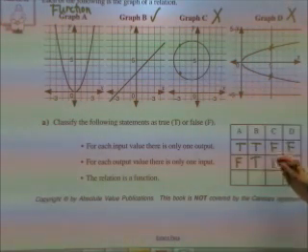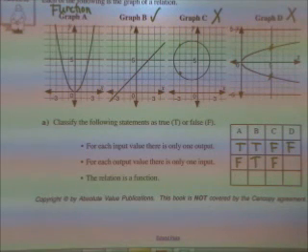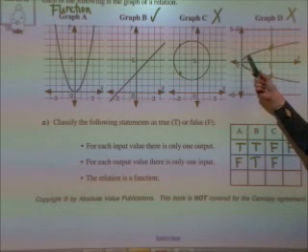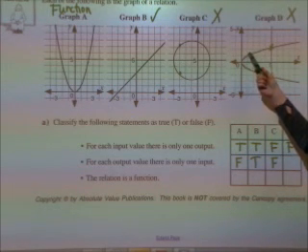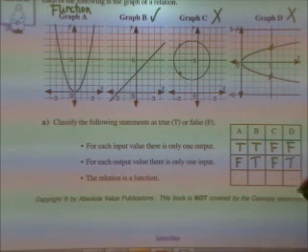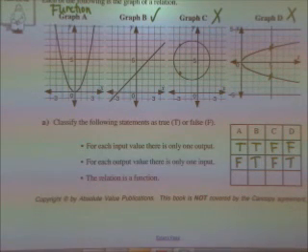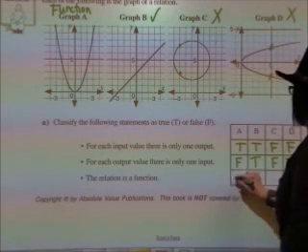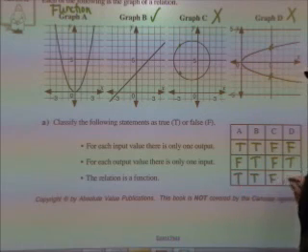So this would be false. Okay? And in D, if I have an output of 1, how many inputs did I have? 1. So this one would be true. And then the bottom line is we had to identify whether or not the relation is a function. And we've already done that. True, true, false, false.